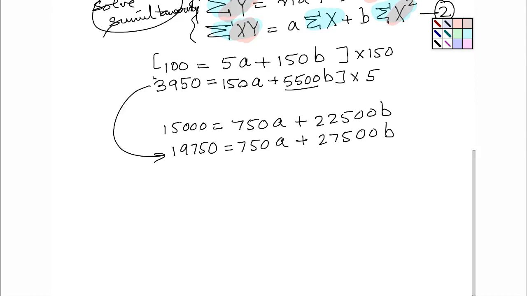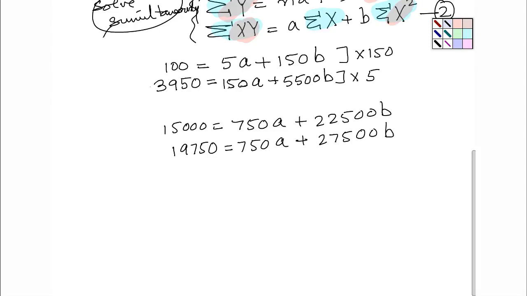Alright. So this was simple. We can multiply these equations. Now that we have multiplied these equations, let us go ahead and subtract the second equation from first equation.